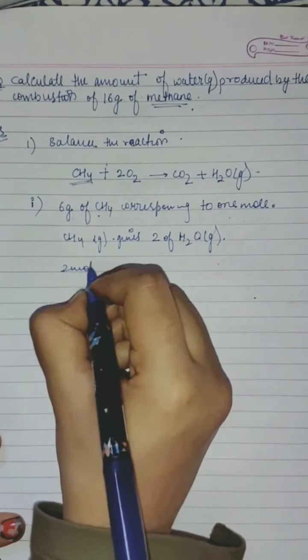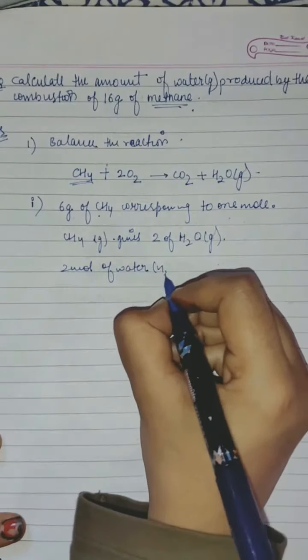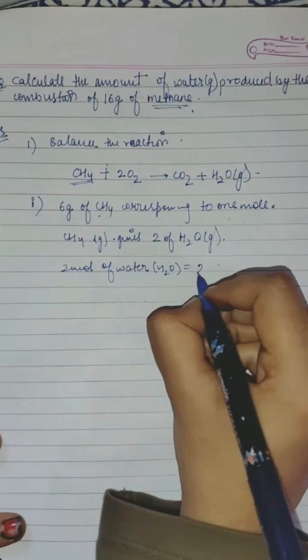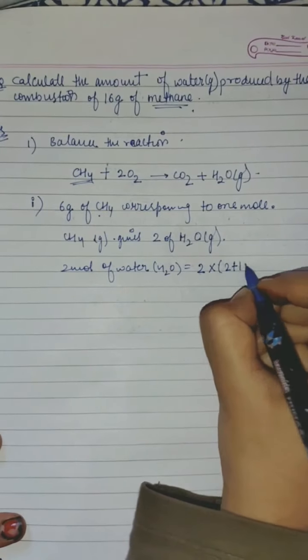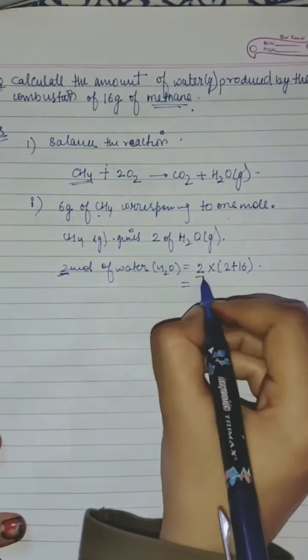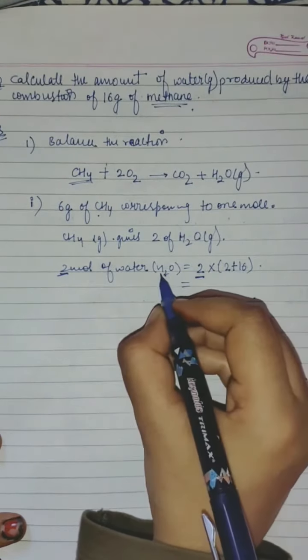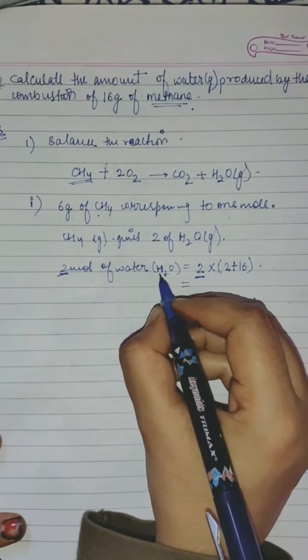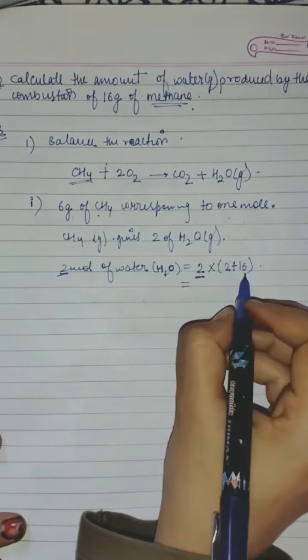The molar mass of H2O is 2 into 1 plus 16, because 1 is the atomic mass of hydrogen multiplied by 2, and 16 is the atomic mass of oxygen.